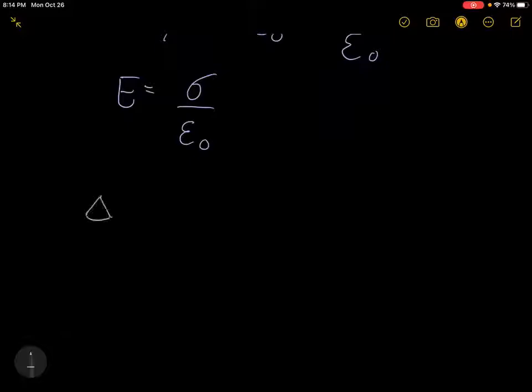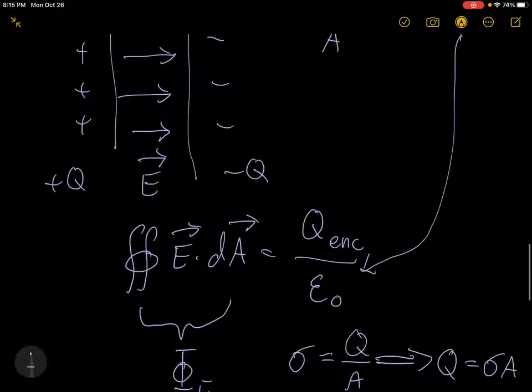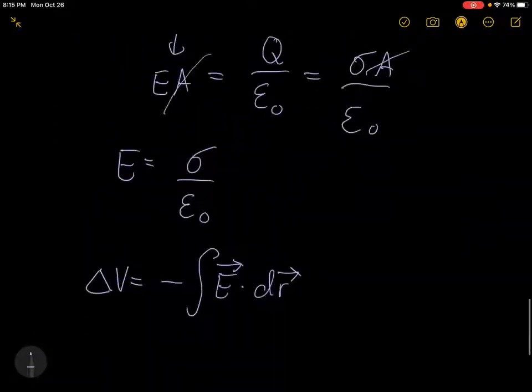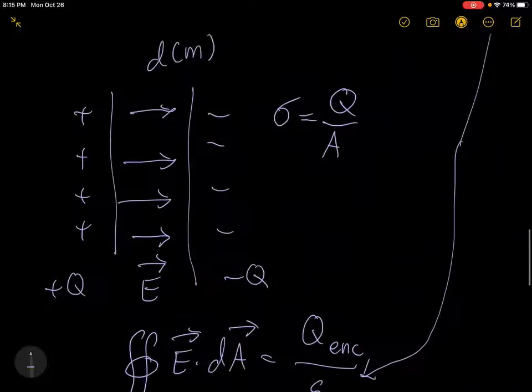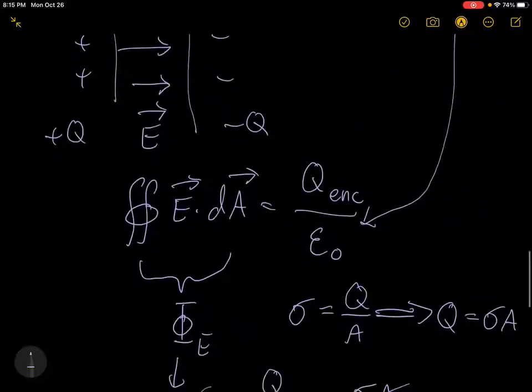And the equation for voltage is this. So it's an integral. And first off, what are the bounds? Well, as I mentioned earlier, the distance between the plates is known as d. So we can call this left plate where the field starts 0, and we can call this d.